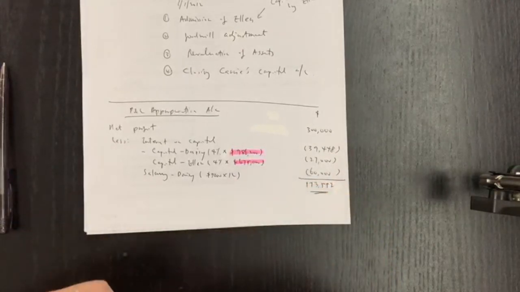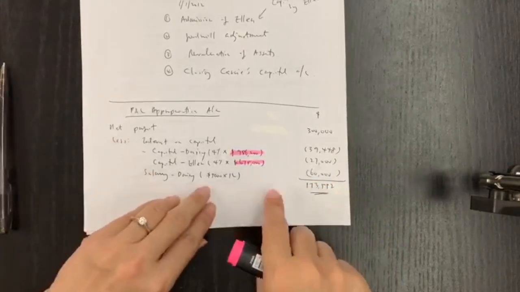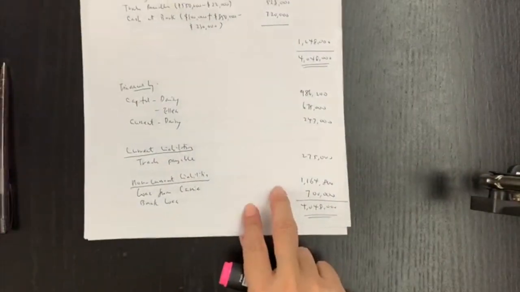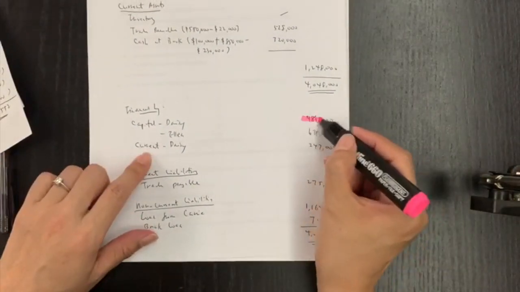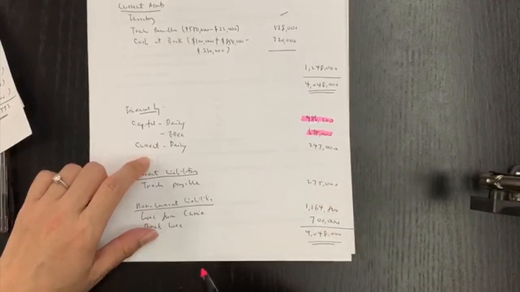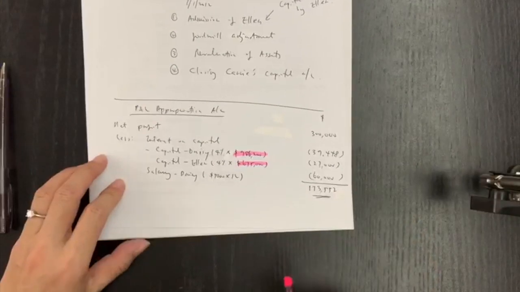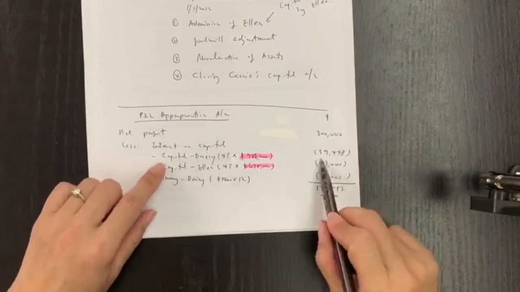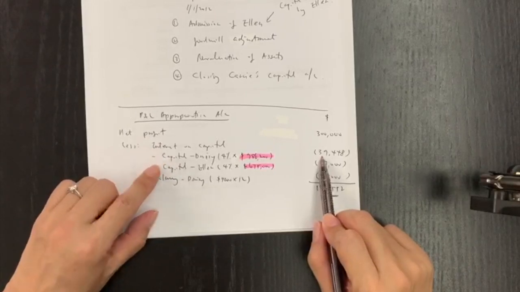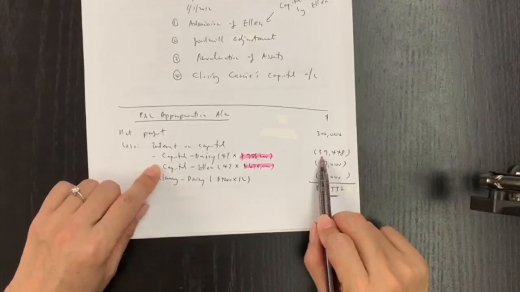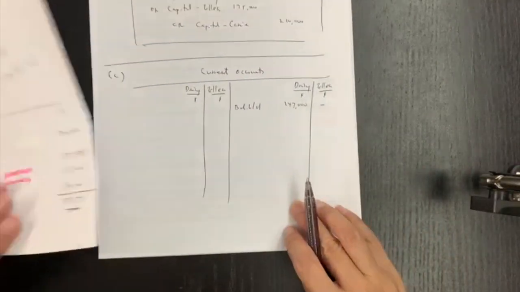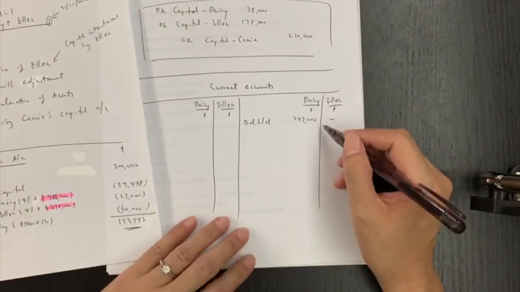We get this from the statement of financial position we have prepared just now in part B. So you have this interest on capital, so debit profit and loss appropriation account, and the partner is going to earn this, so I need to credit this to my current account.